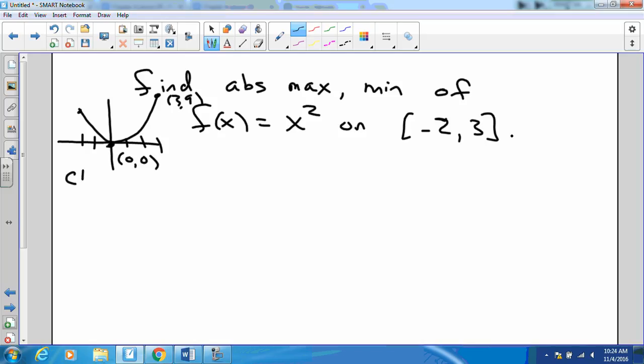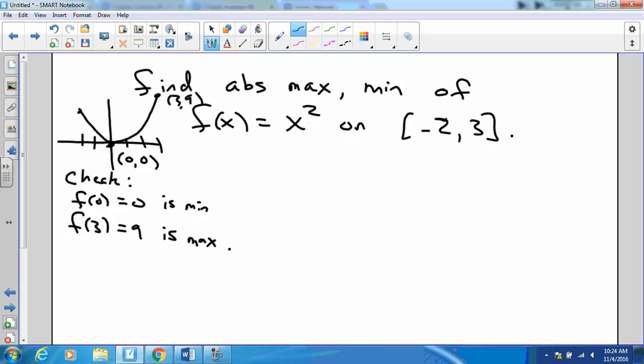As a check from the graph, we can observe that f of 0 is the minimum value, and f of 3 equals 9 is the maximum value.